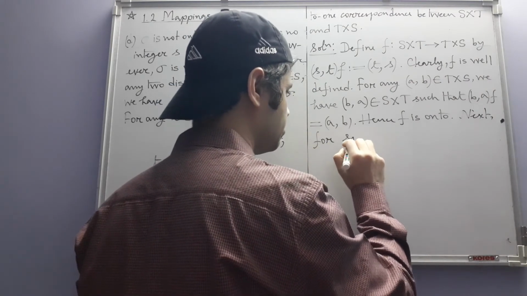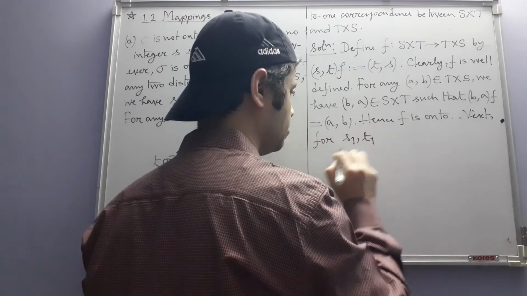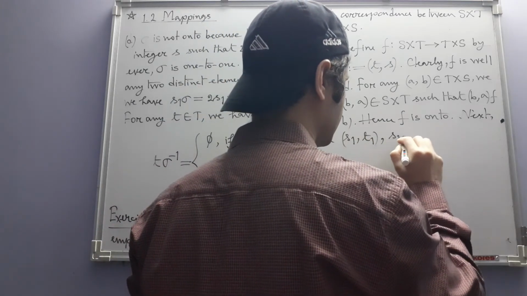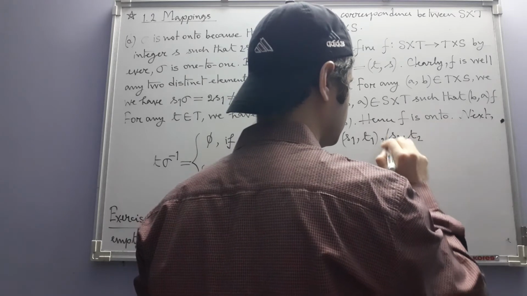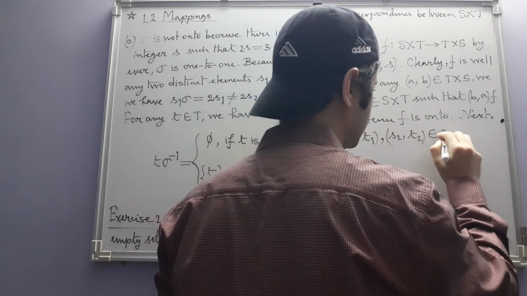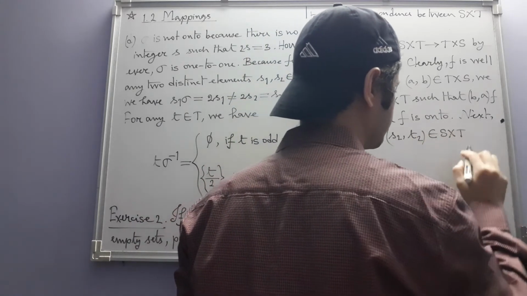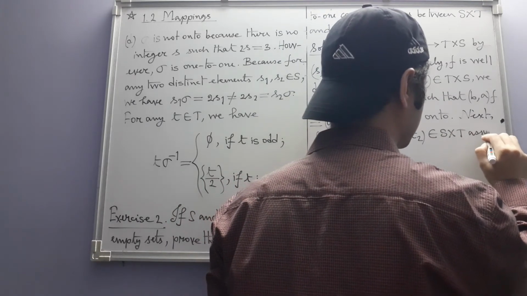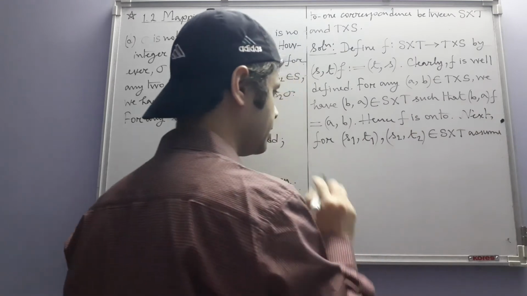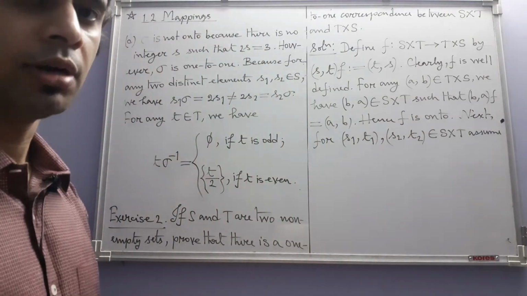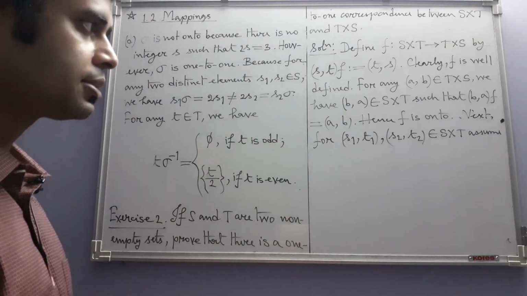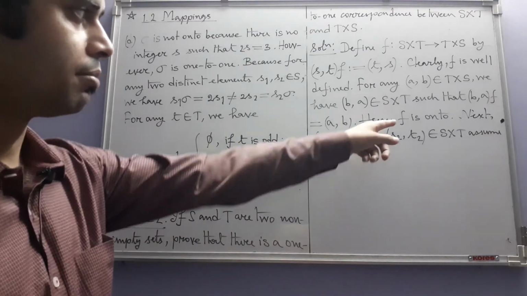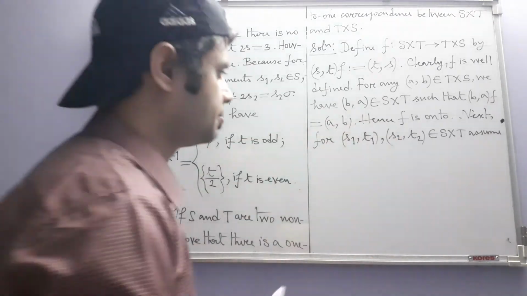Next, for two elements S1, T1 and S2, T2 belonging to S cross T, assume that their images are equal. If we can prove that the elements are also equal, then that will prove that the mapping f is one-to-one.